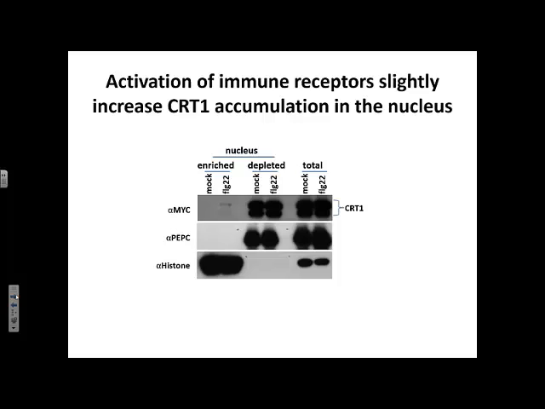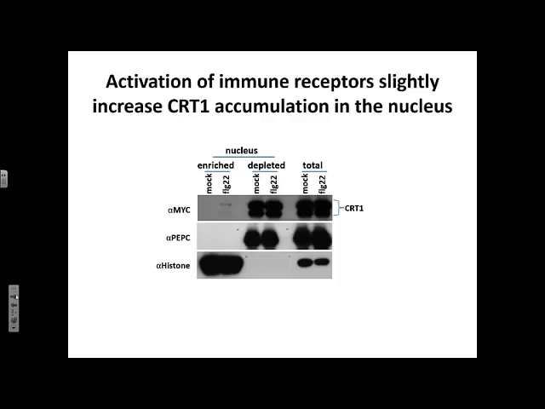Here we are doing nucleus enrichment, and that enrichment was further confirmed by these two antibodies, PEPC and anti-histone antibodies, to ensure this nuclear fractionation is okay. And then we ask whether or not CRT1 is present in the nucleus enriched proteins. But you can clearly see even after the enrichment, the amount of the CRT1 is very, very low.